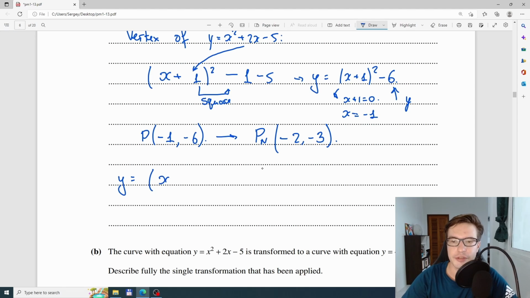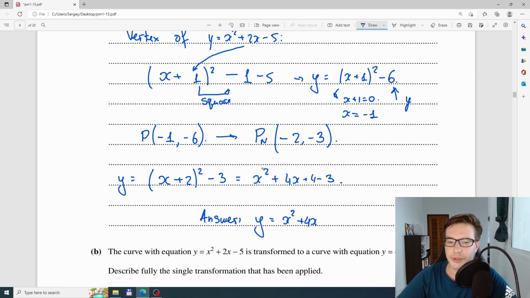So it's going to be x plus 2 squared minus 3. Now we can expand the brackets. x squared plus 4x plus 4, take away 3 and get the final answer. Y equals to x squared plus 4x plus 1. Okay, let's have a look at the next one.